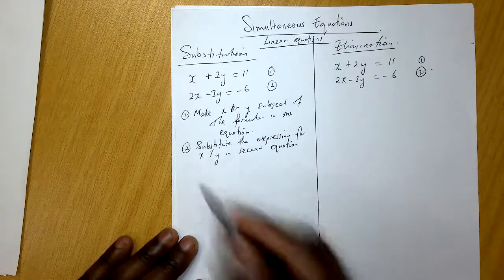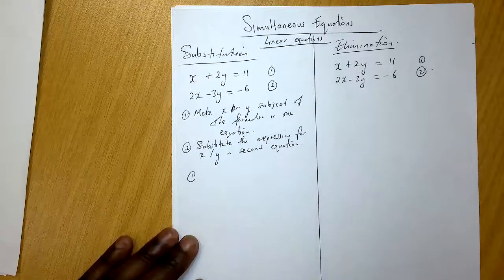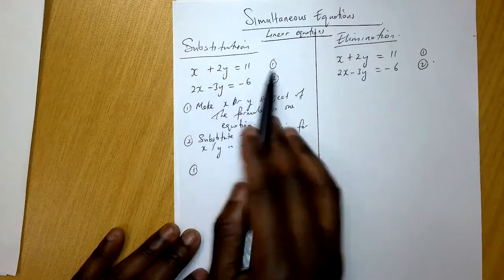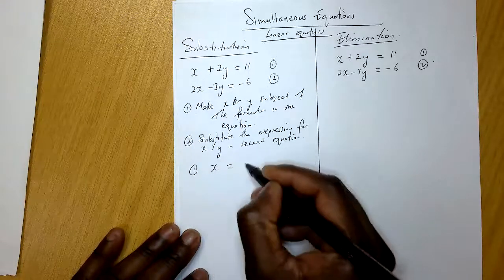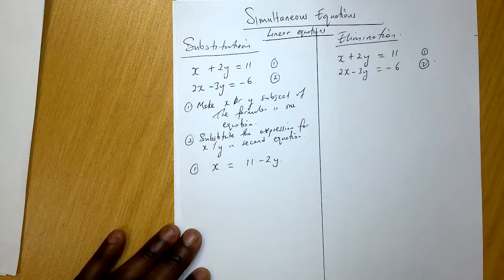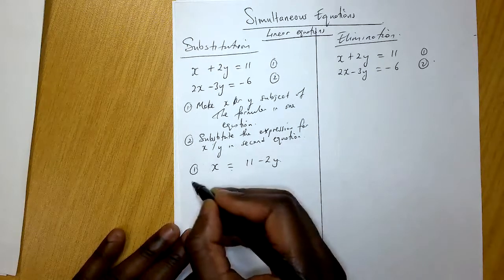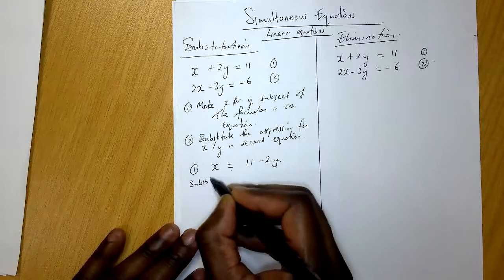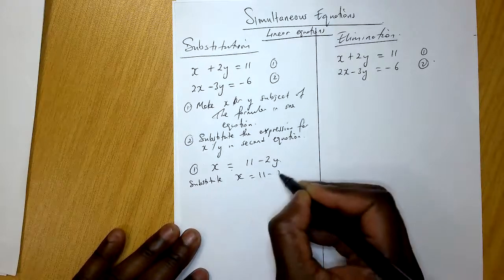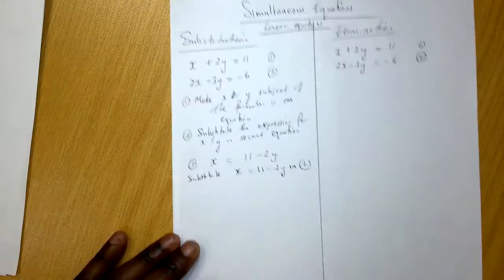Now, let's have an example here. In equation 1, we are given x plus 2y is equal to 11. So we can say x is equal to 11 minus 2y. Then we substitute this x is equal to 11 minus 2y into equation 2.